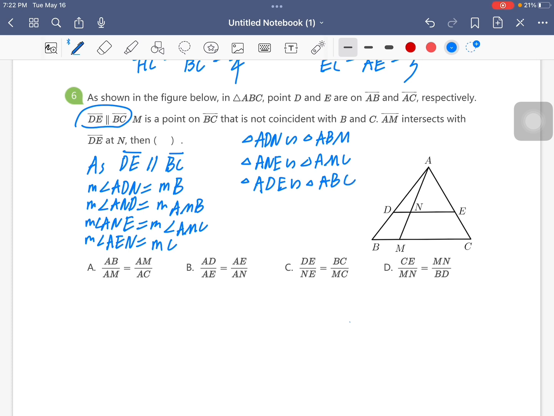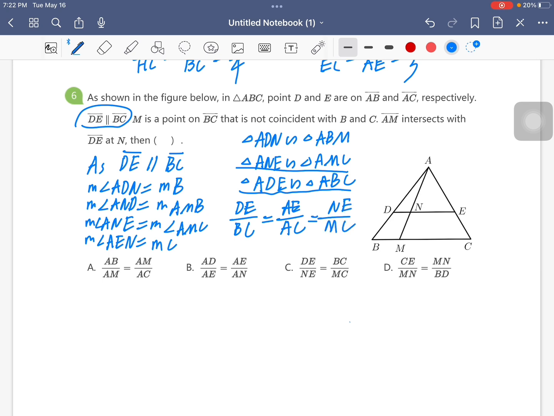Okay, and therefore the only correct choice would be C, since we have DE over BC. In this pair of similar triangles, it equals AE over AC, and in this pair of similar triangles, AE over AC equals NE over MC.